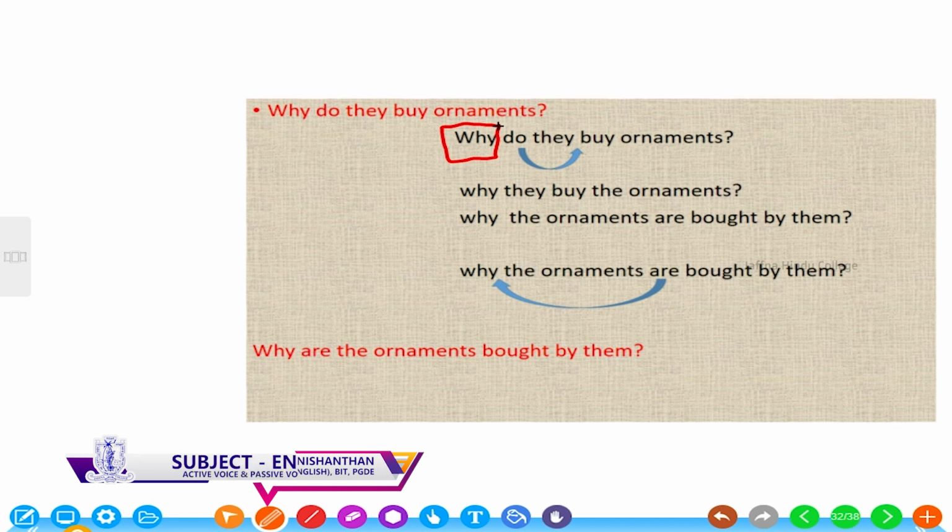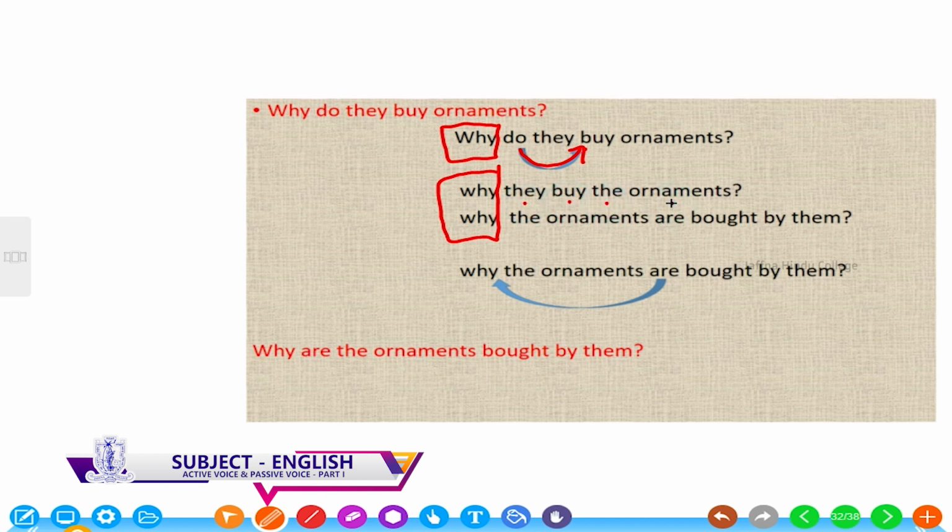Why do they buy ornaments? So, the do accompanies with by, it goes after the subject and accompanies with by. So, the why remains at the same place, and they buy the ornaments.